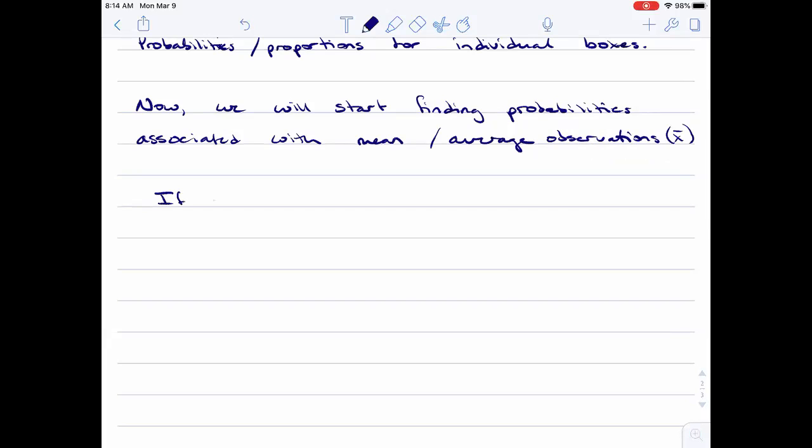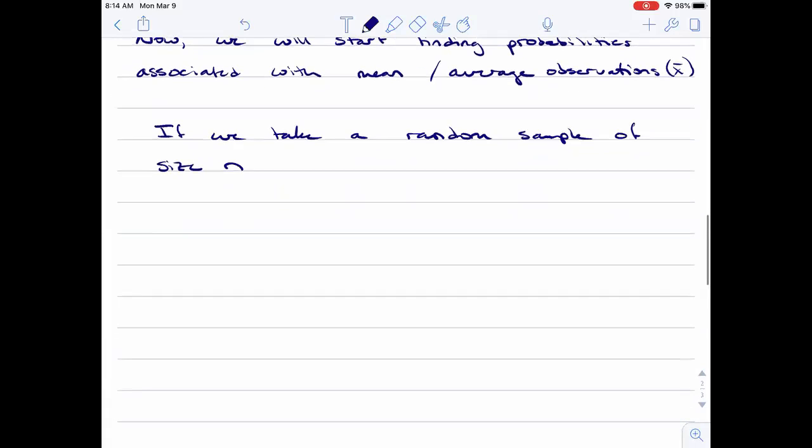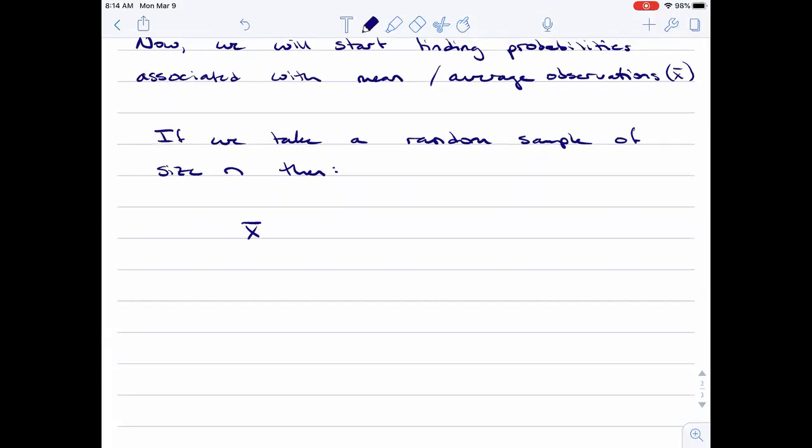So if we take a random sample of size n, then we can say X bar, this is the sample mean, follows a normal distribution with the same mean as the individual observations.